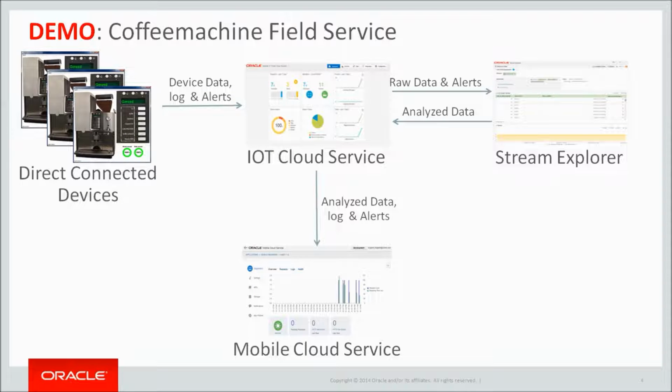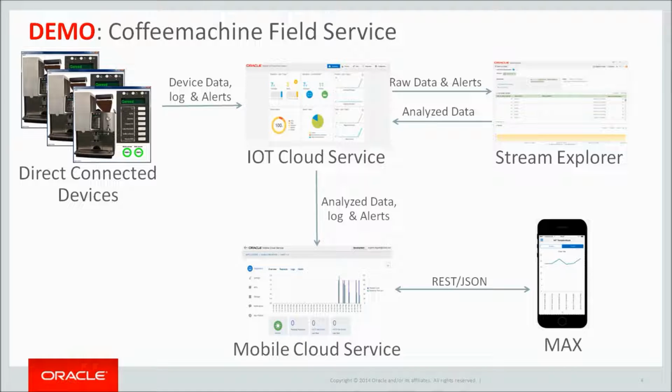Okay, so we've seen how to define an API in Mobile Cloud Service. Let's now look at the implementation of a small mobile app created with Mobile Application Accelerator. Mobile Application Accelerator is an environment for, as we call it, the citizen developer.